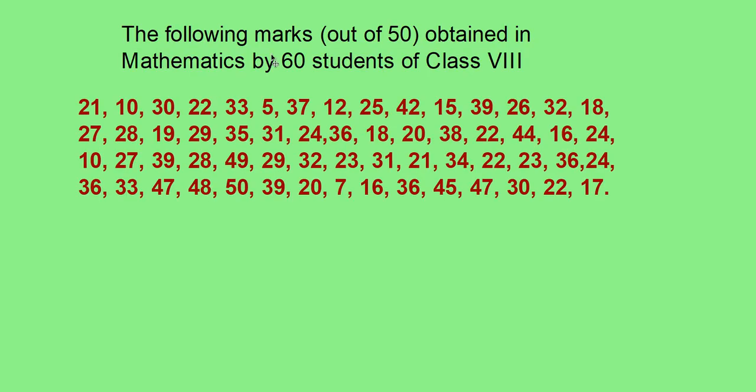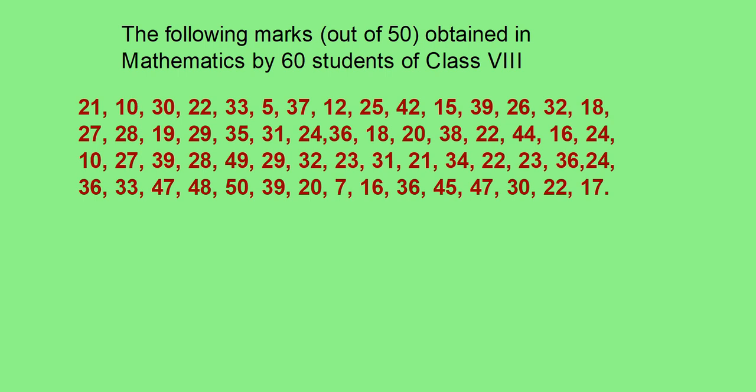Now let us discuss grouping data. Consider the following marks obtained in mathematics by 60 students of class A. Yes, it is a large quantity of data. Now representing marks, that is 21, how many students? 10, how many students? 30, how many students?